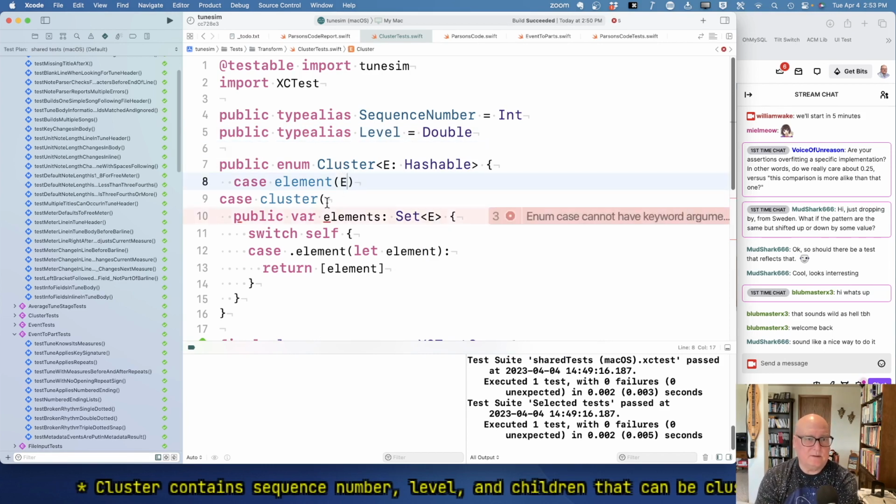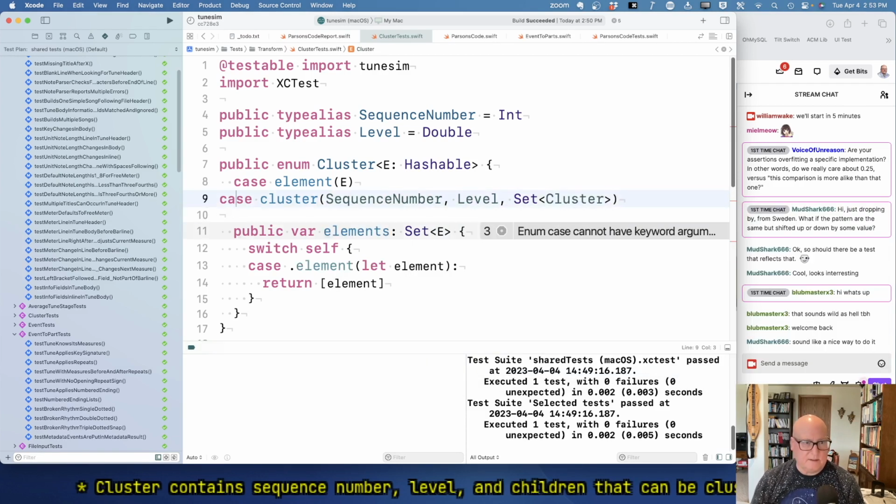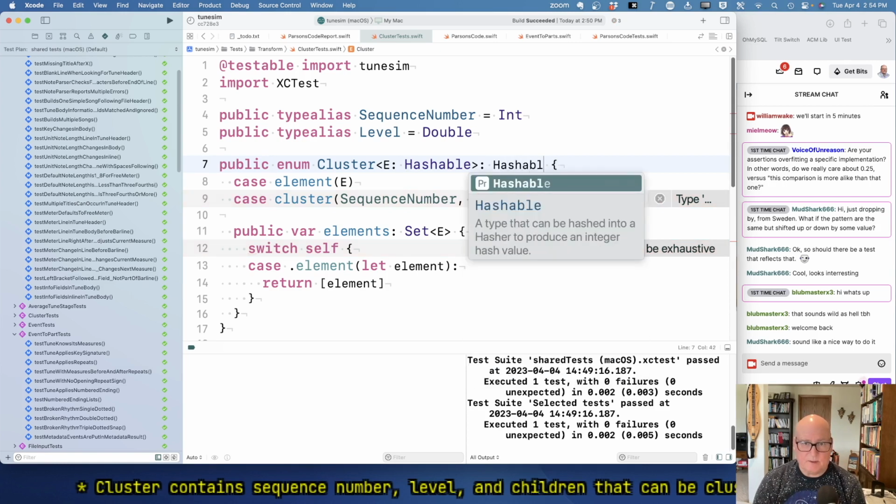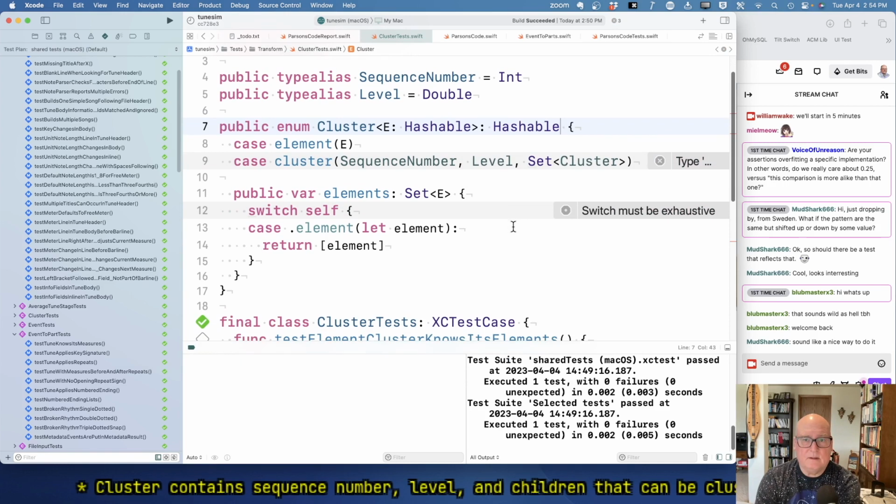Okay, so cluster is a sequence number, a level, and a set of cluster. Does that sound right? Okay, we don't need them in any particular order. I guess our clusters have to be hashable as well. Okay.